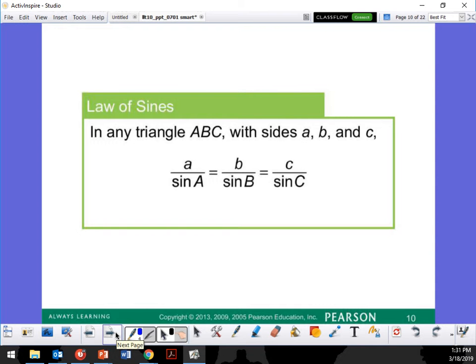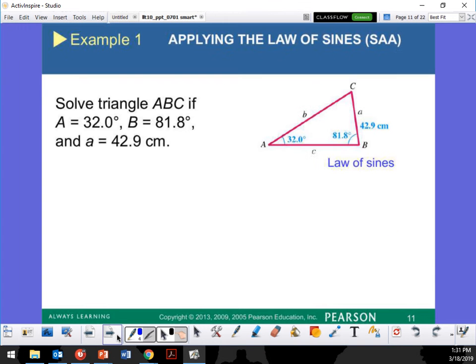All right, so what does the little letter stand for? Sides. The big letter stands for? Angles. Little letters are sides, big letters are angles. Let's solve the triangle here.